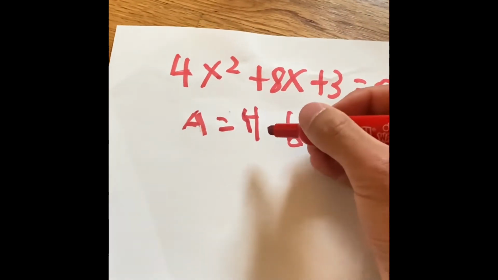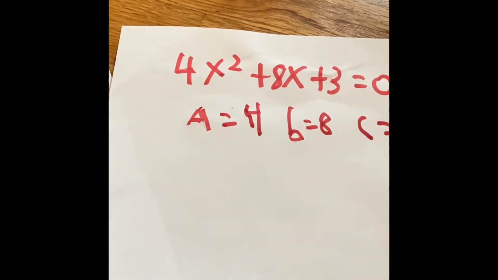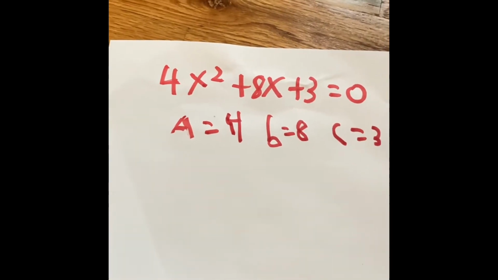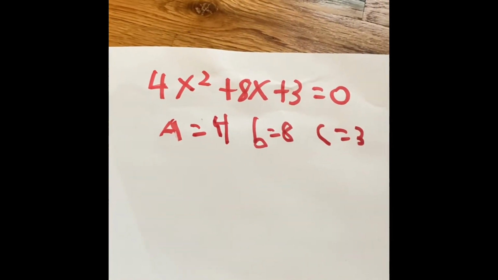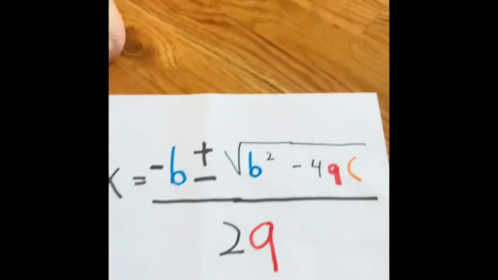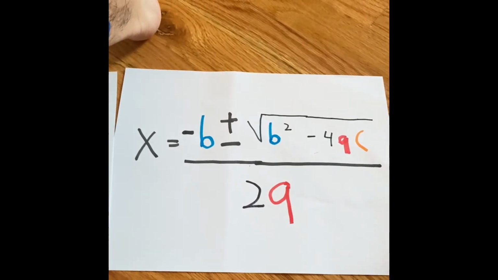So instead of a being equal to 1 as in x squared, we have a equal to 4 as in 4x squared.